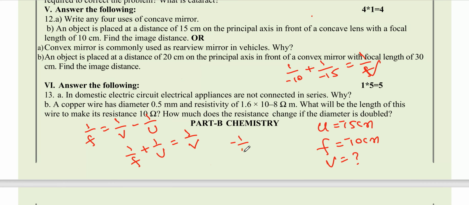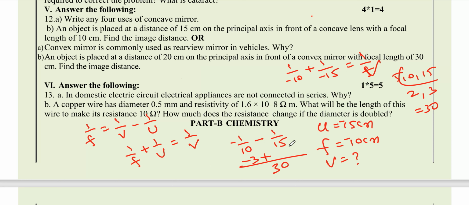Both are same. Plus 1 by minus 15. Plus into minus, minus 1 by 15. For 10 and 15, what is the LCM? 5 2s are 10, 5 3s are 15. 5 into 2 into 3, 30 is the LCM. Multiply by 30. The zeros get cancelled. Answer is minus 3.